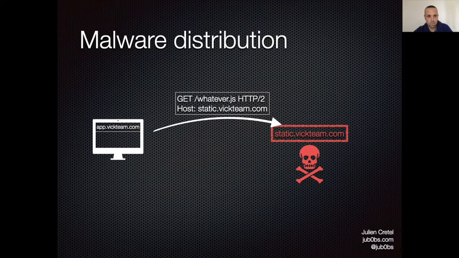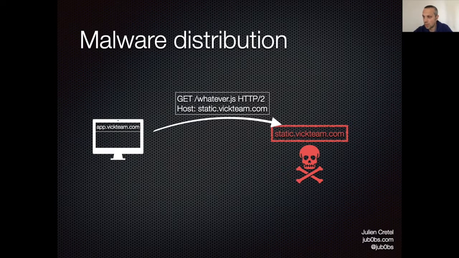Another possible exploit is malware distribution. I'm taking the example of a JavaScript file here, but it could be an executable or something like that. So in this particular example, the attacker has noticed that static.victim.com is vulnerable to subdomain takeover, and he or she has taken control of that subdomain.